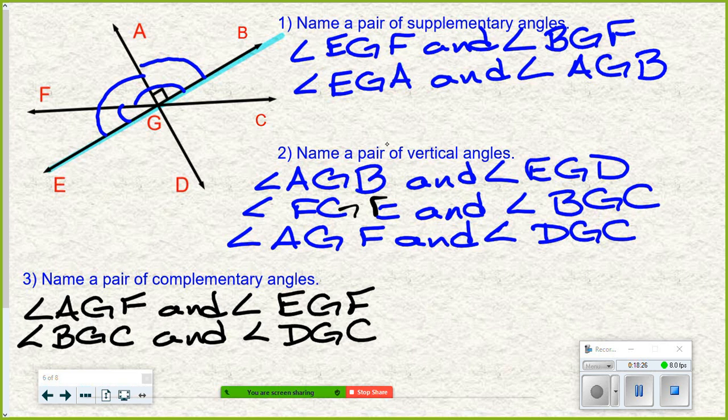I could also do this on the other side of the line, right? So I could do EGD, which gets me to there. And then what angle would get me the rest of the way around?